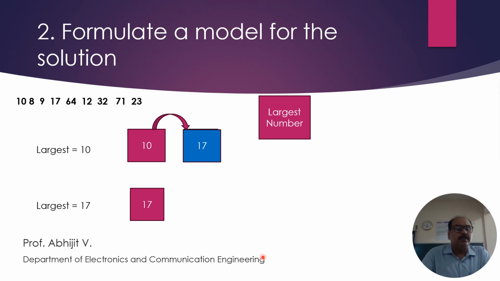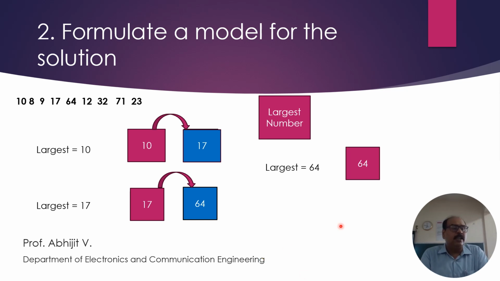The next process, we compare 17 with 64. Here 64 is larger than 17. So what happens? Again there is an exchange. So the largest number now becomes 64.